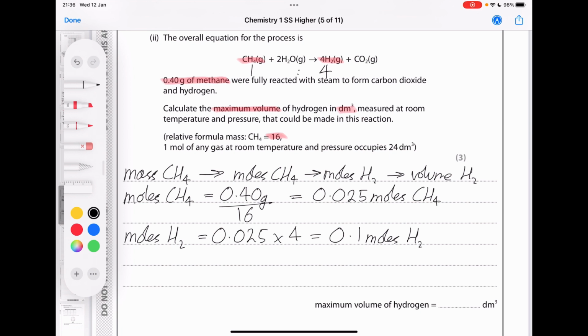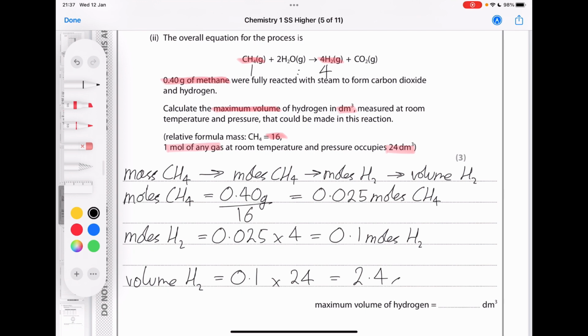Lastly, they told me in the question that 1 mole of any gas occupies 24 decimeters cubed, what's called the ideal gas constant, and therefore my volume of hydrogen is my number of moles multiplied by 24, which means my final answer is 2.4.